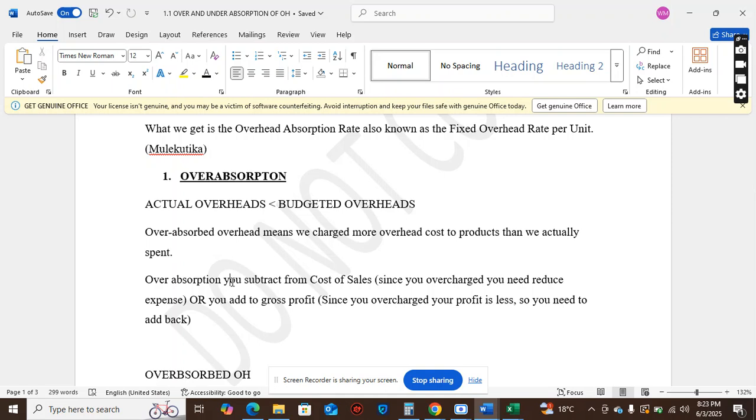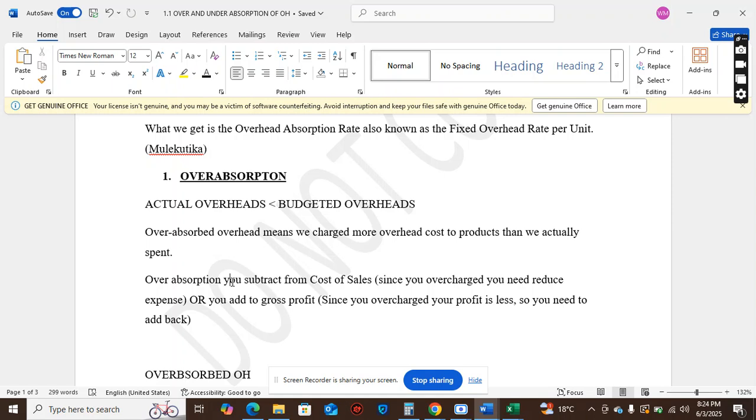That is over-absorption. Now, in the absorption costing statement, you have to make an adjustment for any over-absorption that can take place.